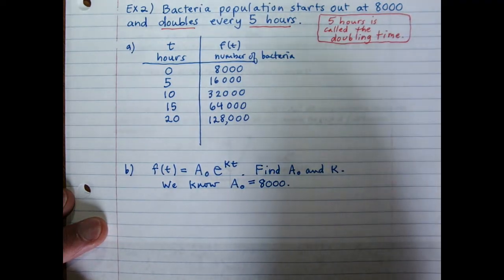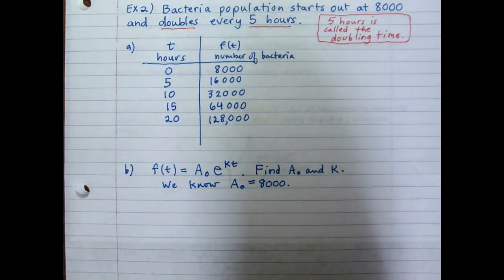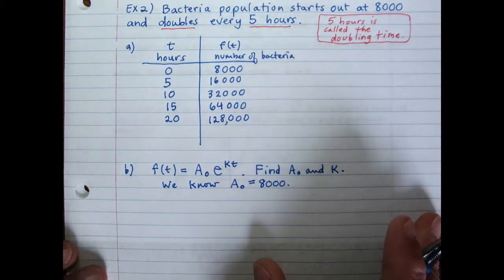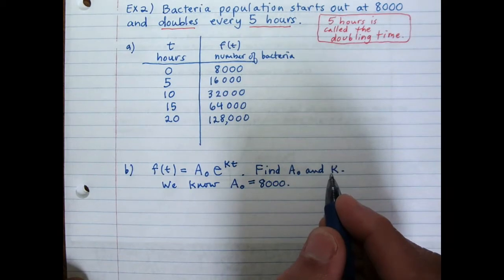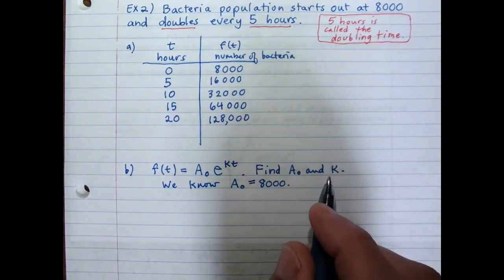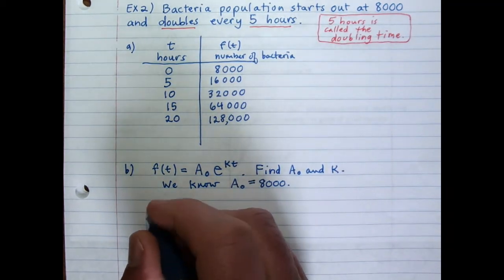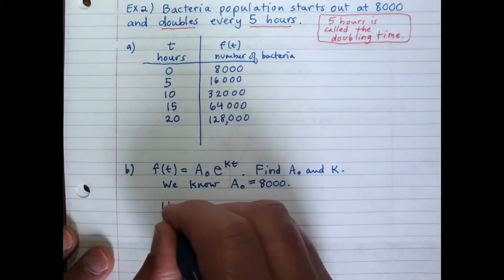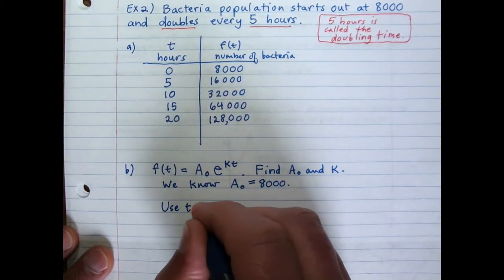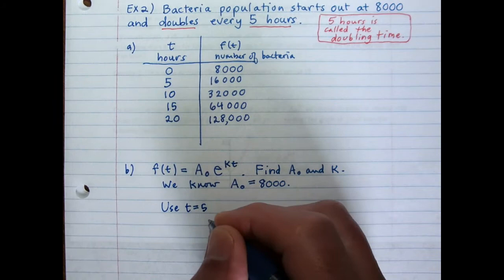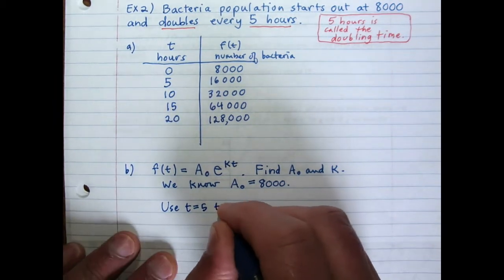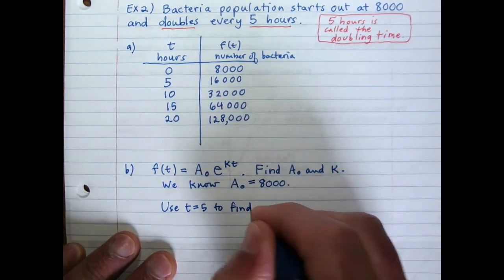Okay. And now what we've got to do is find k. And what you do is you use a different point. It doesn't matter which one. I'm going to use t equals 5 to find k.